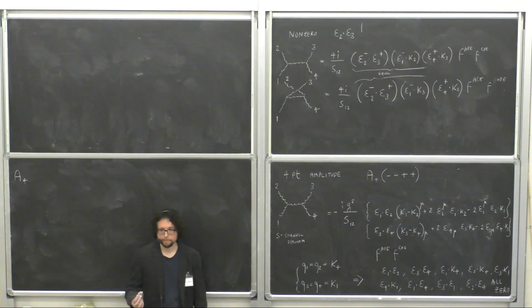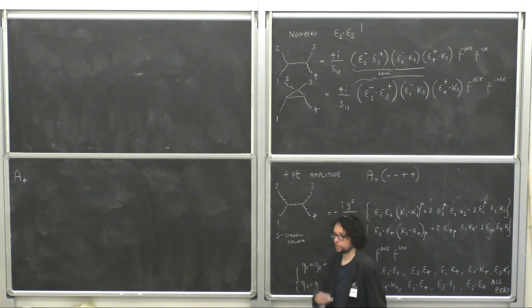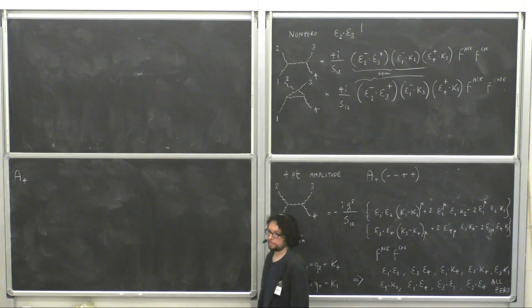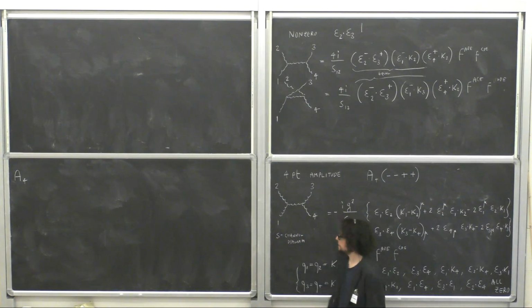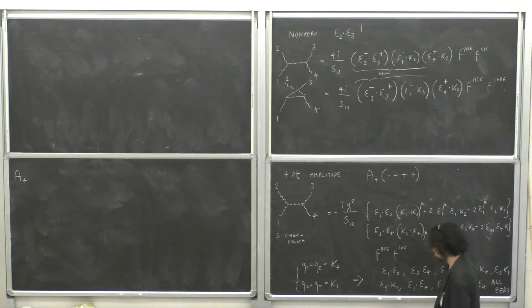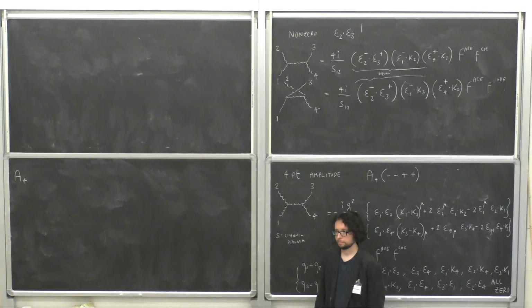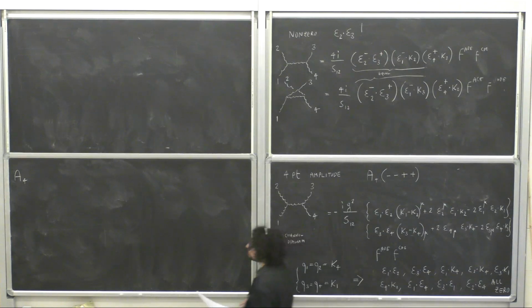One of them you kill with a choice of gauge, and the other one by a shift by the residual gauge symmetry, and then you're left with d minus 2, or in my particular case, 2 in here. Does this make sense? So this is not a weird choice of gauge. This is a weird choice of reference momentum. Anything else? Okay, very good.